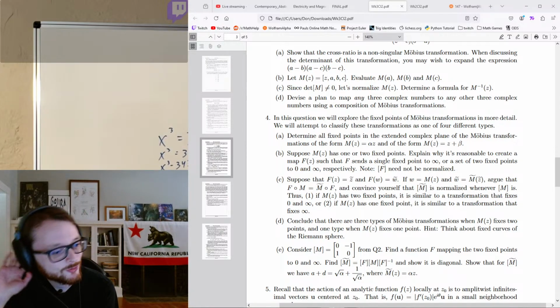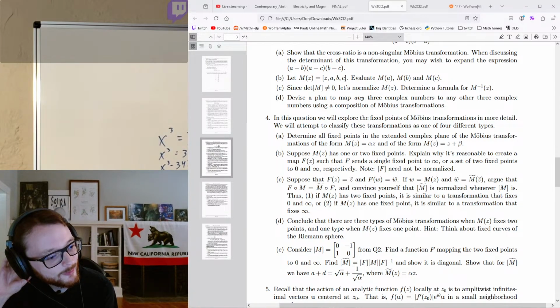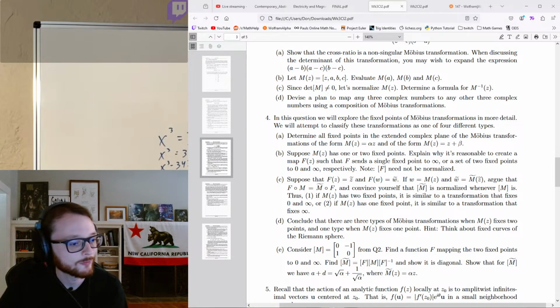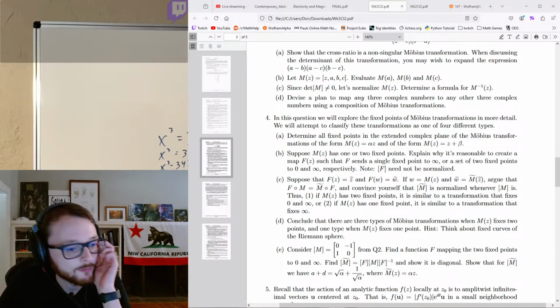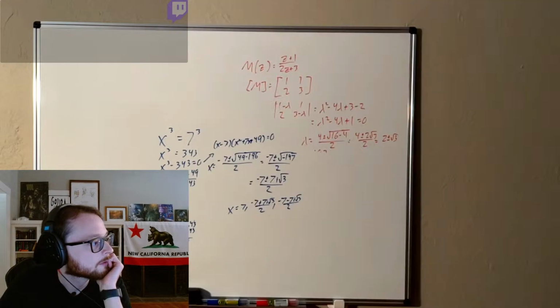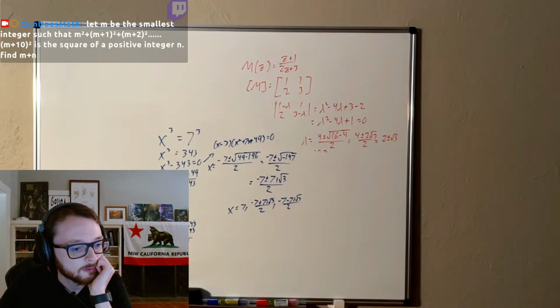Let m be the smallest integer such that m squared plus (m plus 1) squared plus (m plus 2) squared is the square of a positive integer n. How about over to the Twitch chat? Take that away because I'm not looking at that.